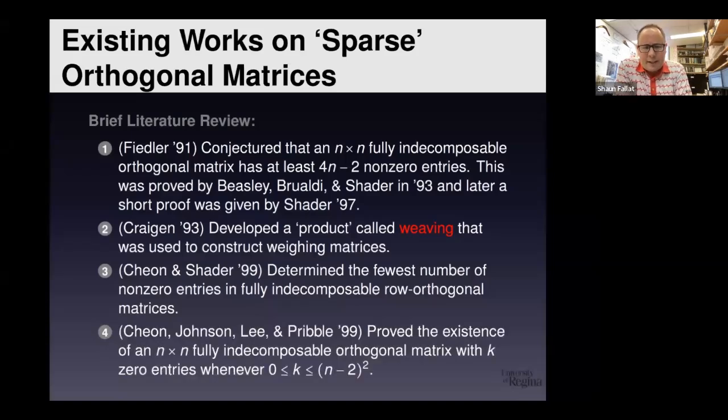You can see in that same year there was another paper on fully indecomposable orthogonal matrices, where you fix the number of zero entries and you ask if you can describe an orthogonal matrix that doesn't have too many zero blocks, and you can do that whenever the number of zero entries is constrained in this regard.